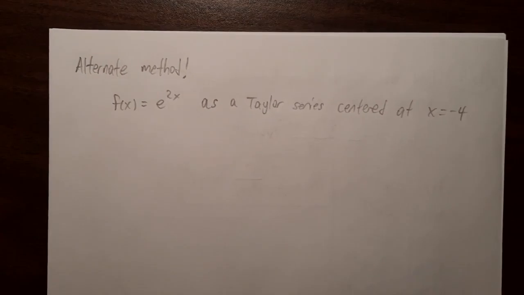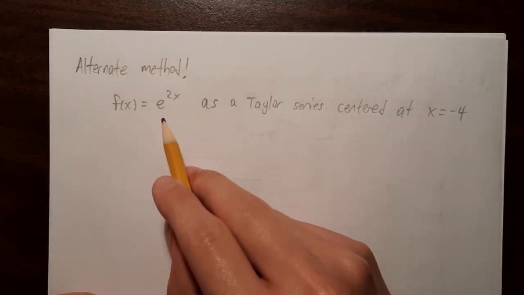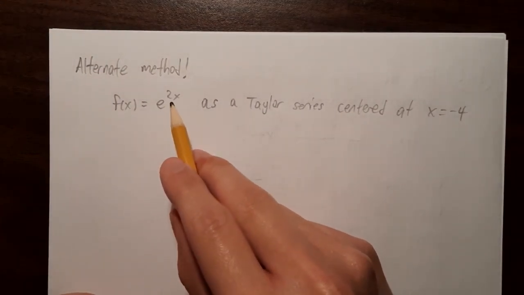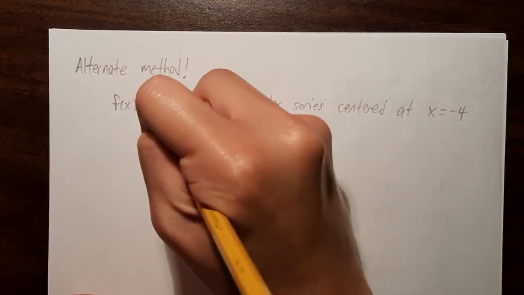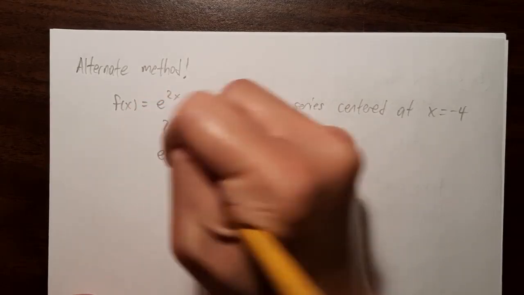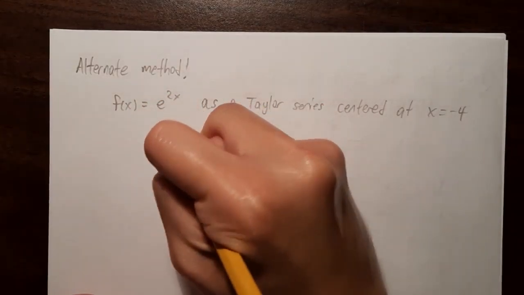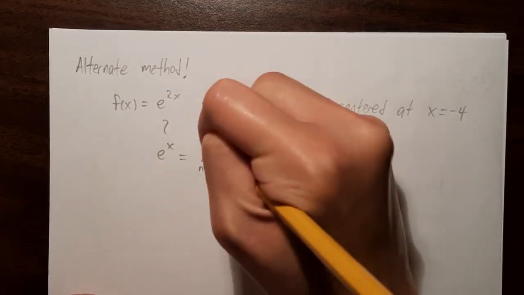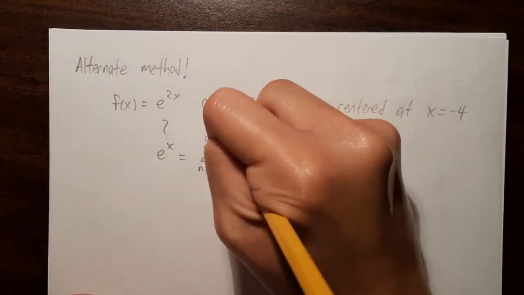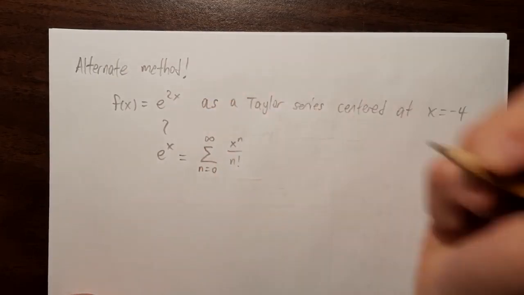All right, so the idea with this shortcut is we recognize that e to the 2x looks awfully familiar. It looks an awful lot like just plain old e to the x. And we remember that we already have a series representation for e to the x. It is the sum from n equals 0 to infinity of x to the n over n factorial.